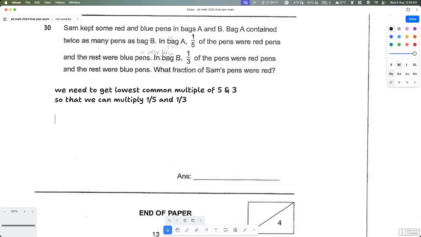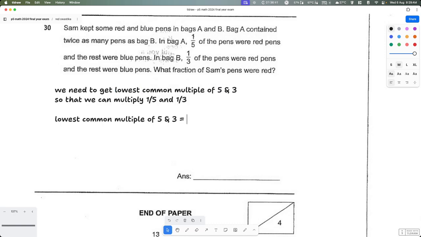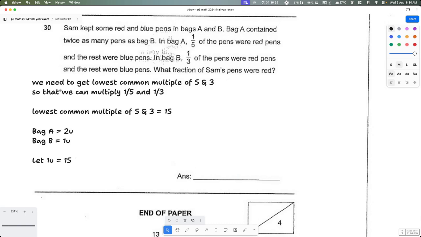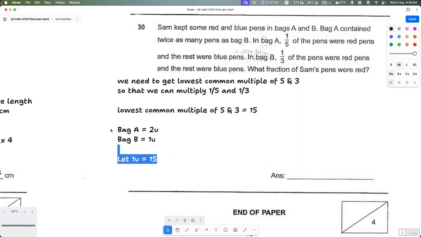The lowest common multiple of 5 and 3 is equal to 15. Then we know that bag A contains 2 units, bag B contains 1 unit. Let 1 unit be equal to 15. So bag A is equal to 2 times 15, which gives us 30, and bag B is just 15.